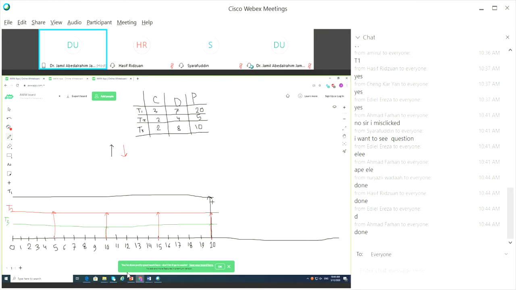For task 1, 20. Task 2, every 5 units, so we have 4 periods. And for task 3, we have 0 to 10, 10 to 20. This is for period. Now we need to indicate the deadline. Deadline for task 1 is 7.